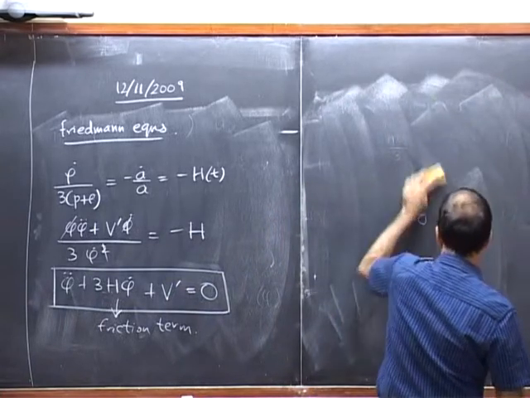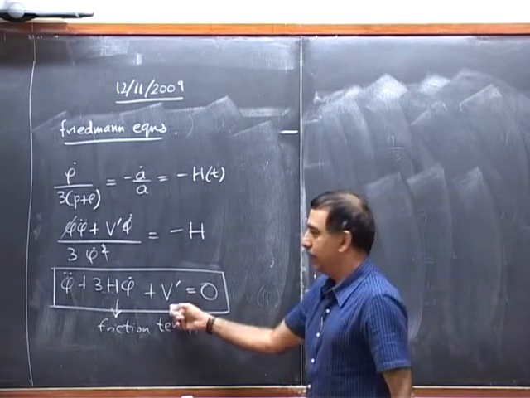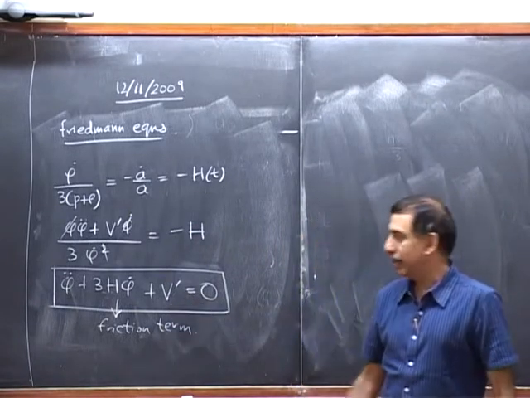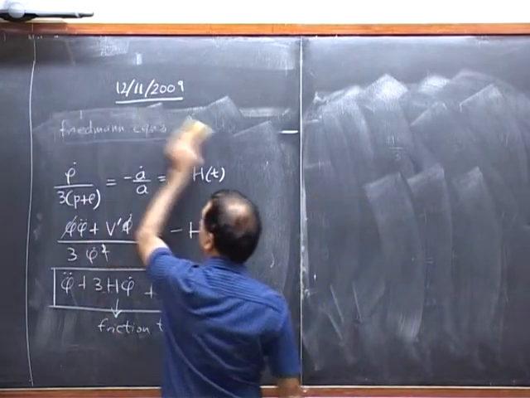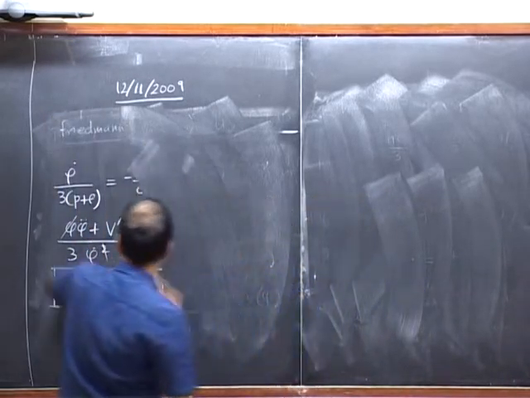Anyway, any discussion that you read will always present this frictional damped equation as a key equation, and from here you jump directly into discussions of inflation, quintessence, and whatever. Okay.